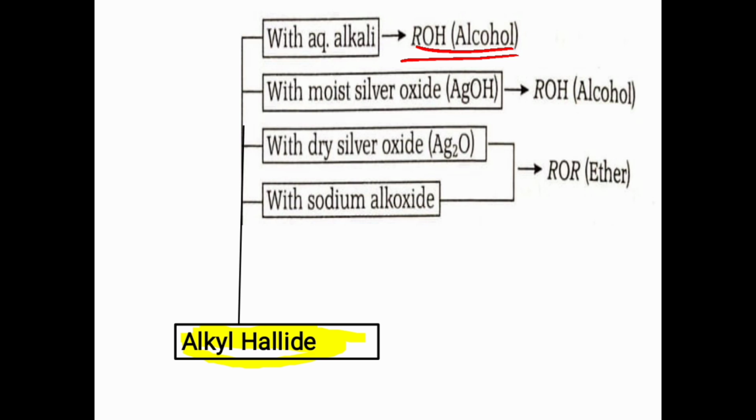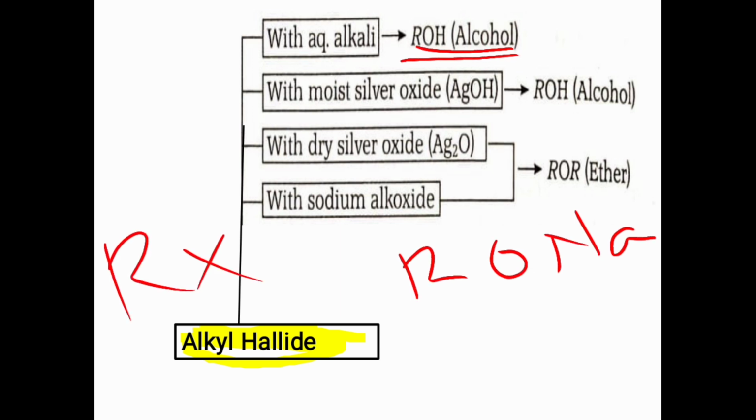Another is the reaction of alkyl halide with sodium alkoxide. Now let's see what sodium alkoxide is. Sodium alkoxide is a unit called RONa, alkyl with oxygen and sodium, and the alkyl halide reacts with it.